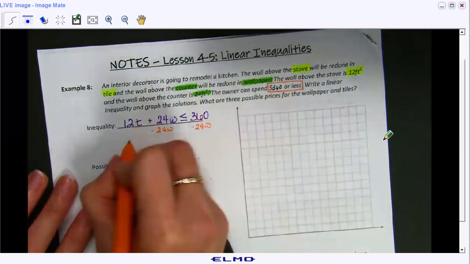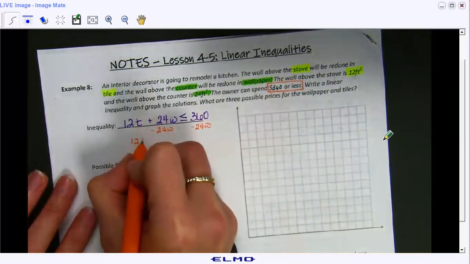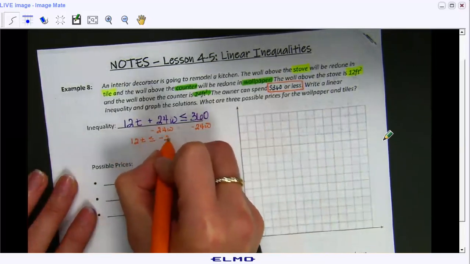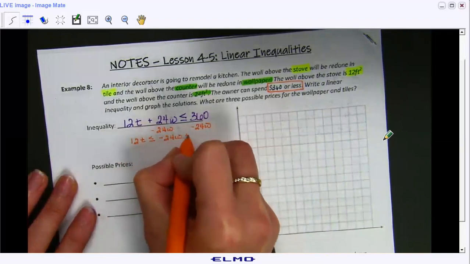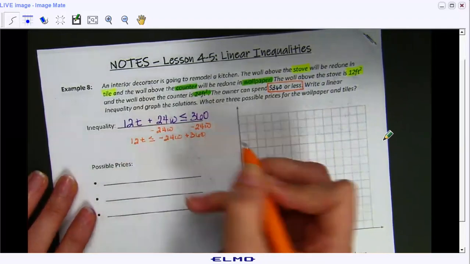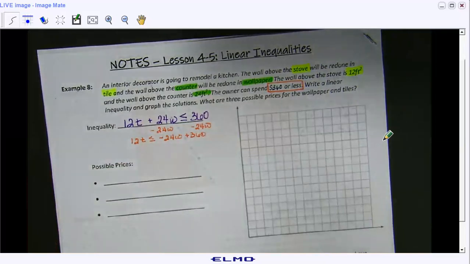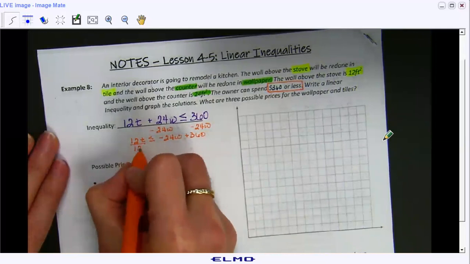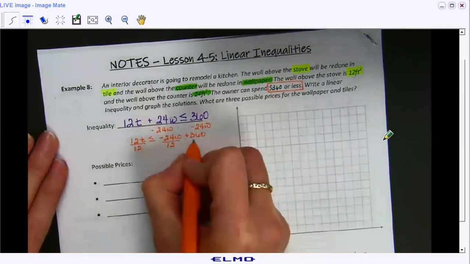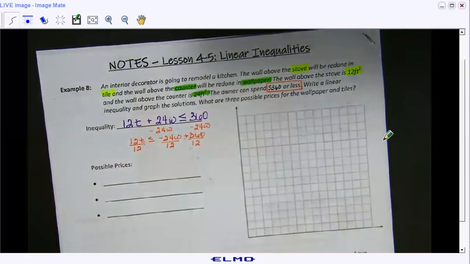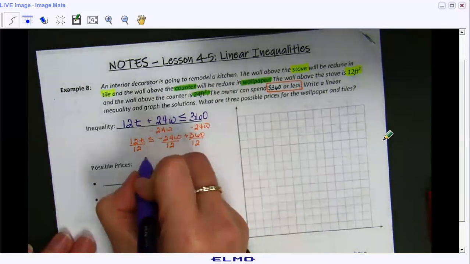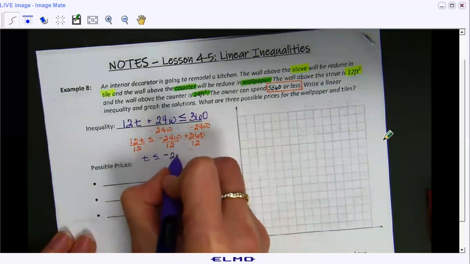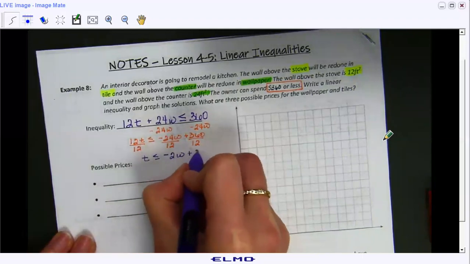And then we will rewrite this as 12T is less than or equal to negative 24W plus 360. And then what are we going to do? Divide by 12. Okay, and then we're going to end up with T is less than or equal to negative 2W plus 30.